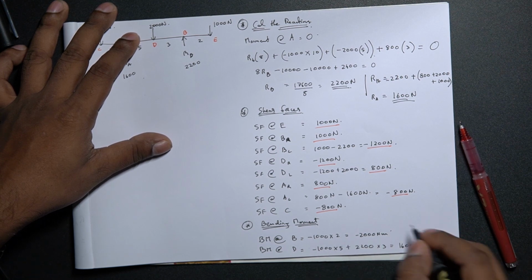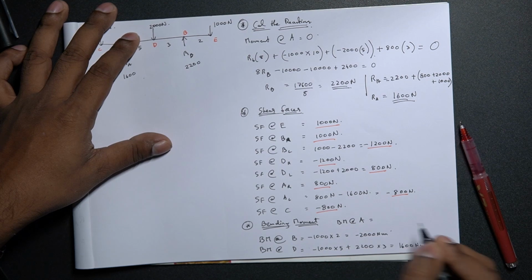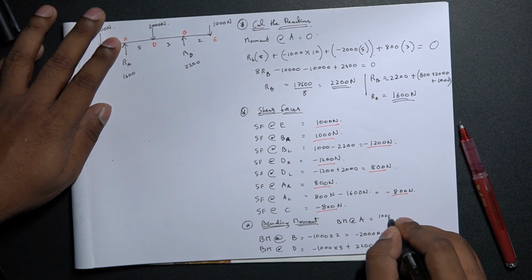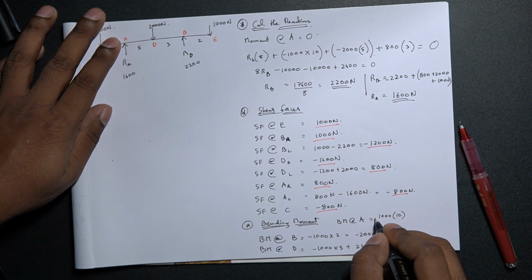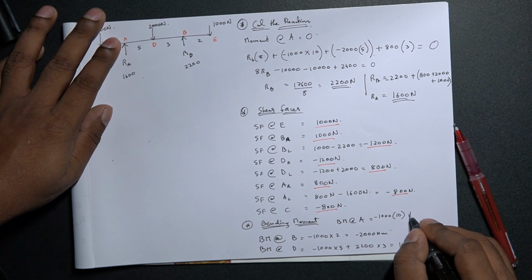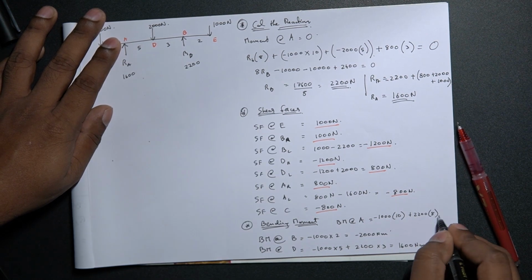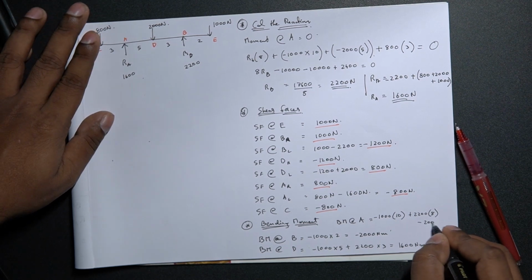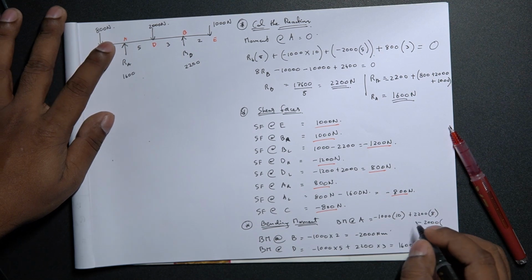And bending moment at A should be equal to minus 1000 into the total length, that is 10, plus 2200 times 8, minus 2000 times 5.